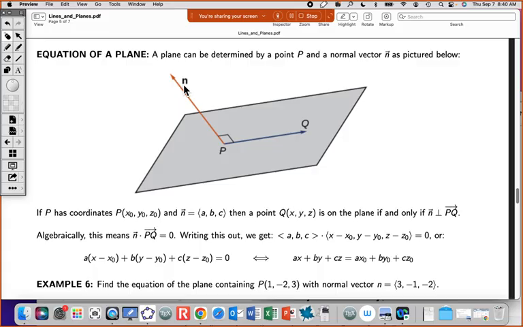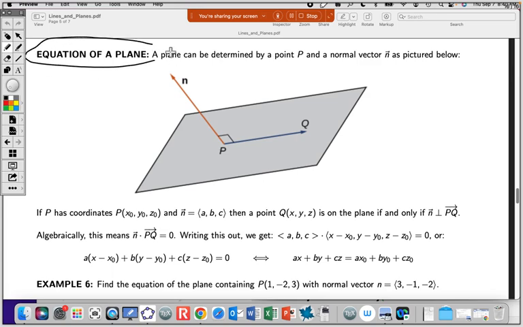All right, let's talk about the equation of a plane. Now you may remember back to geometry. We can determine a plane in geometry how? Normally you need what to determine a plane?